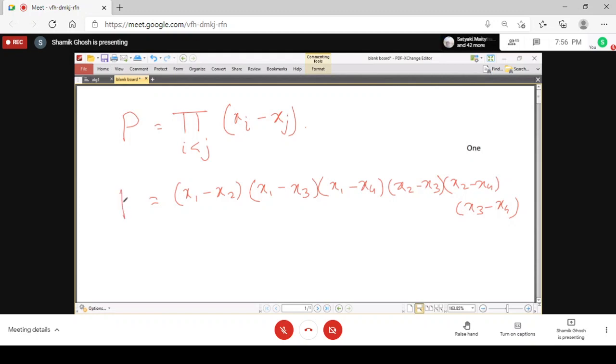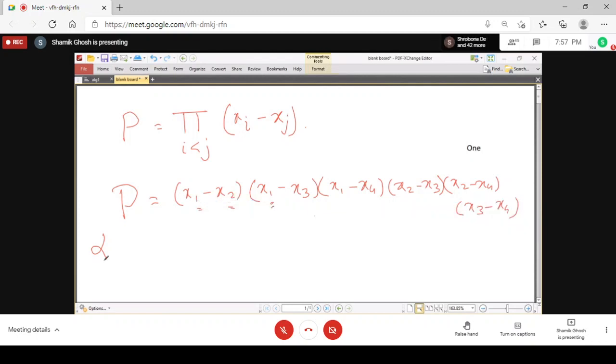Now this expression, you consider as a several-variable polynomial in these four variables x1 to x4. Now if I apply a permutation on the indices of these variables, then what happens?